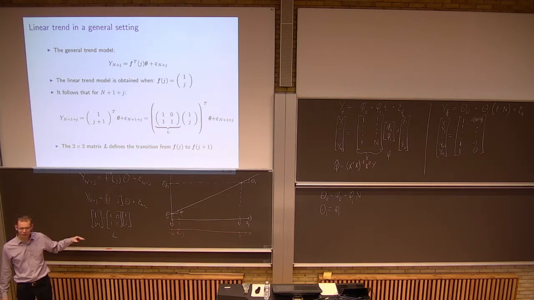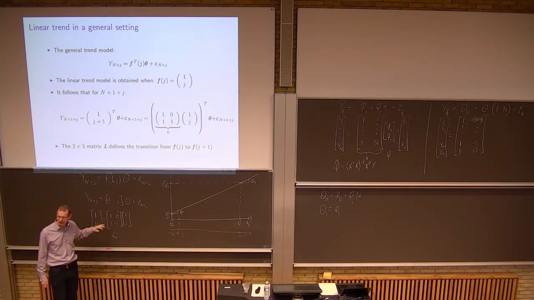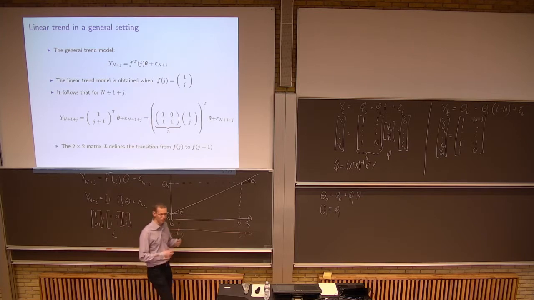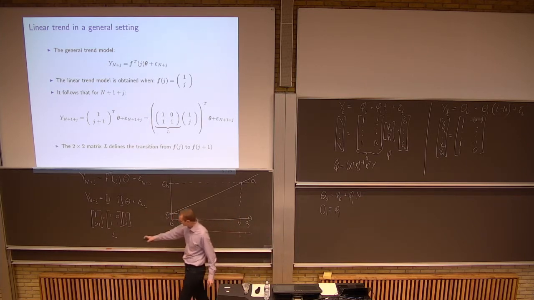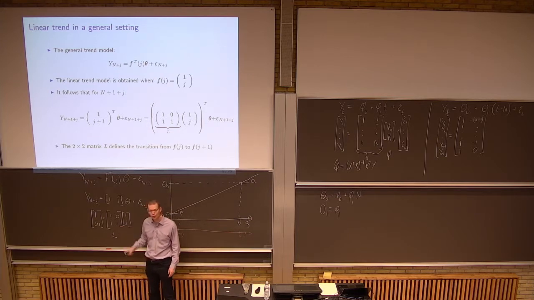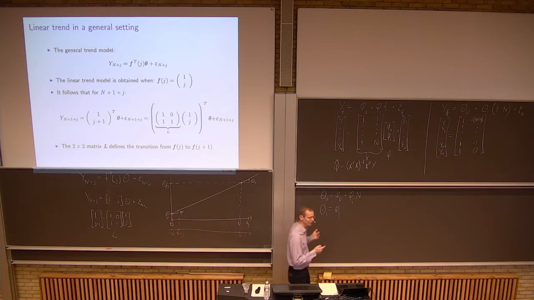Multiplying by L is forward, inverse goes backwards. So this is the transition. Any model that you can make as a linear trend model, could also be quadratic or polynomial or whatever, you should have a matrix like this that can shift you forward in time. Otherwise, you're not in this particular family of models.